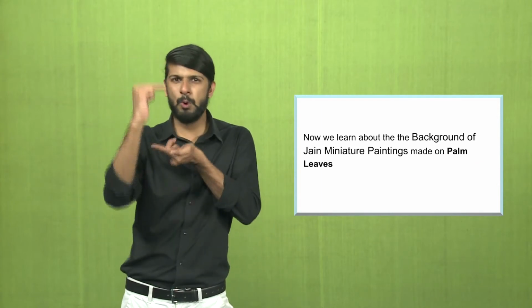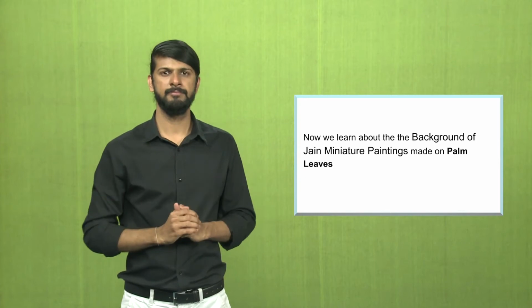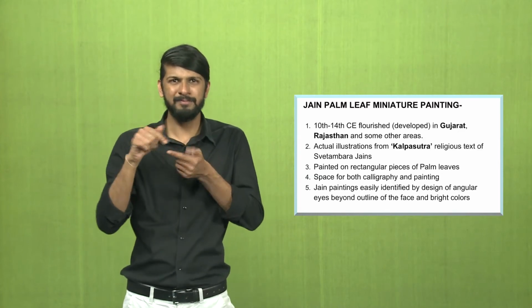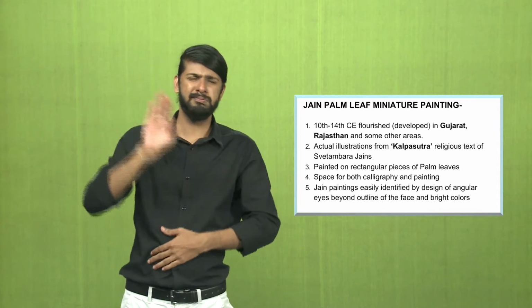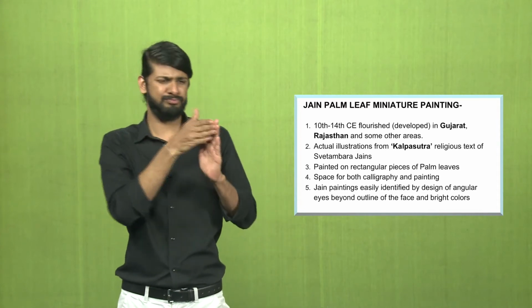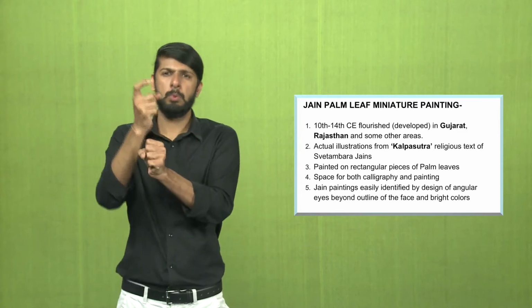Next, we learn about Jain miniature paintings which were made on palm leaves. The palm leaf miniatures flourished in Gujarat and Rajasthan and some other areas during the 10th to the 14th century CE.